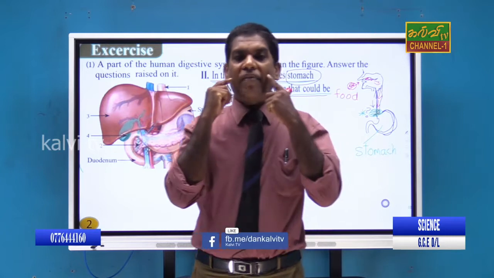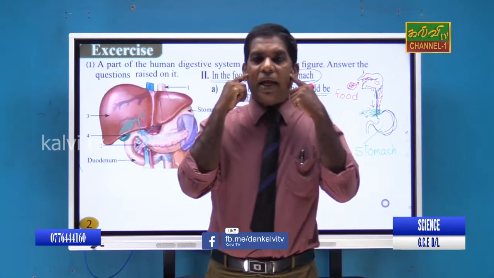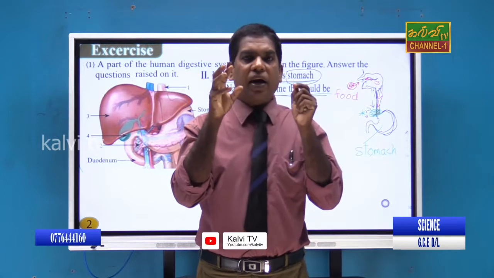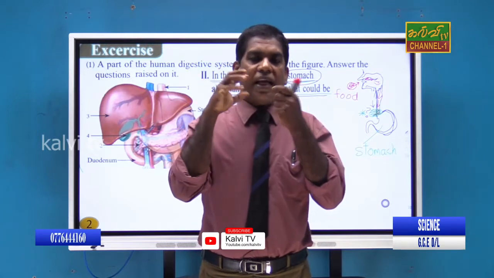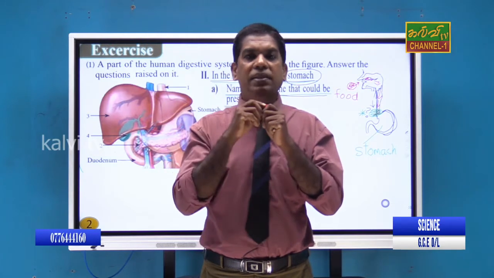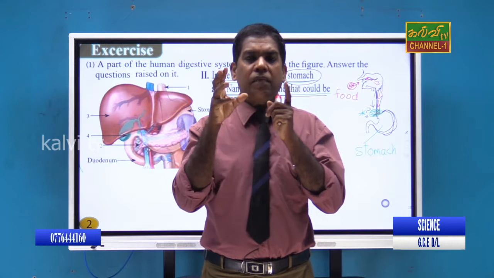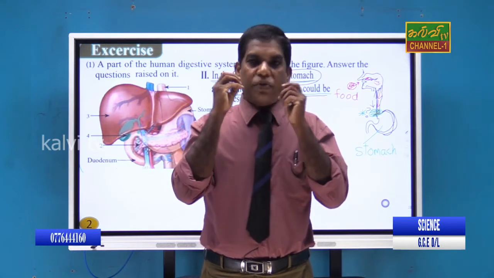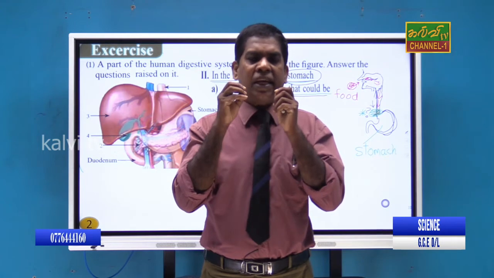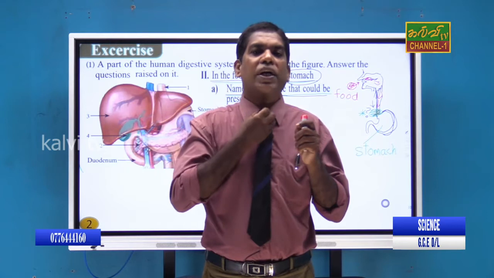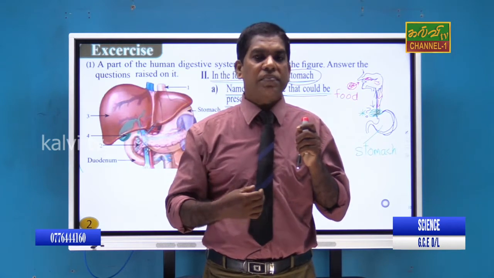So, we have a salivary gland. The salivary gland secretes saliva, and saliva contains amylase, salivary amylase or ptyalin, which is mixed with the food, and it begins some chemical digestion. After that, it moves through the esophagus.